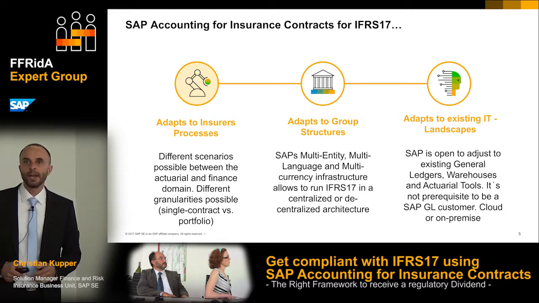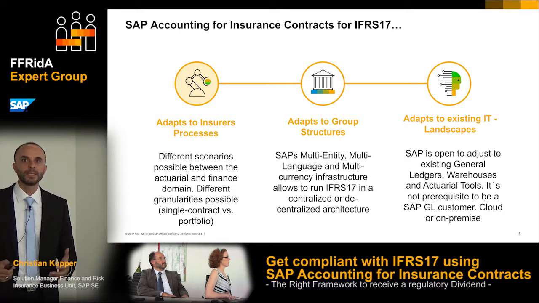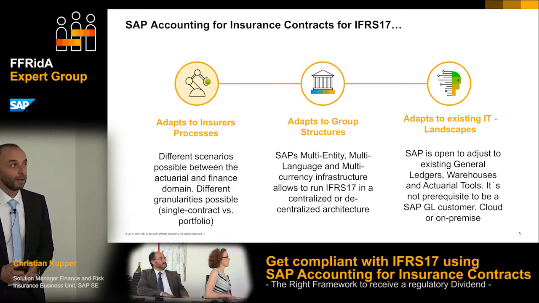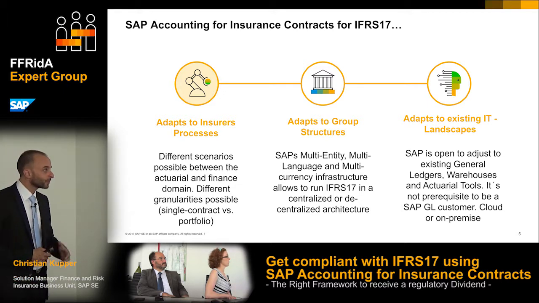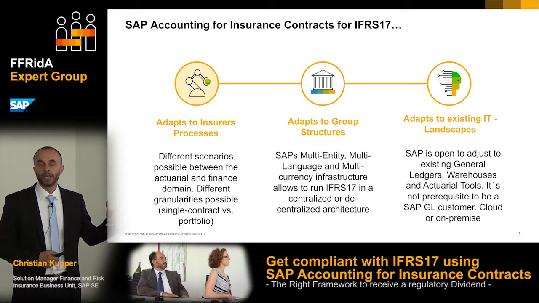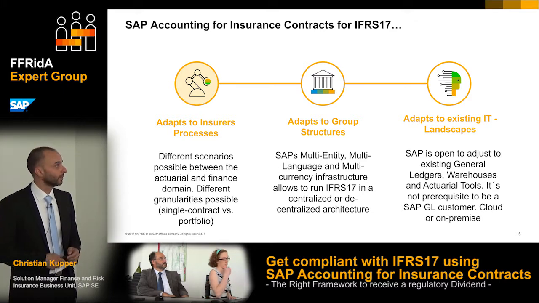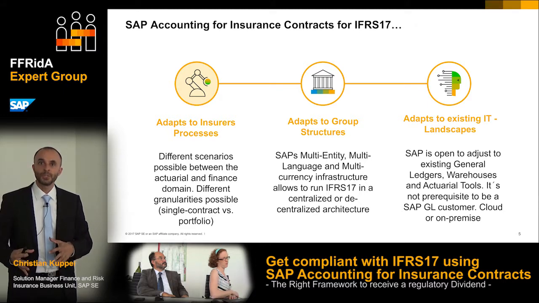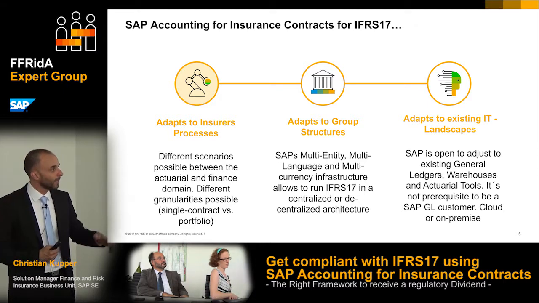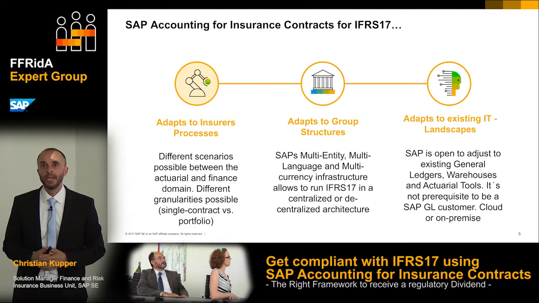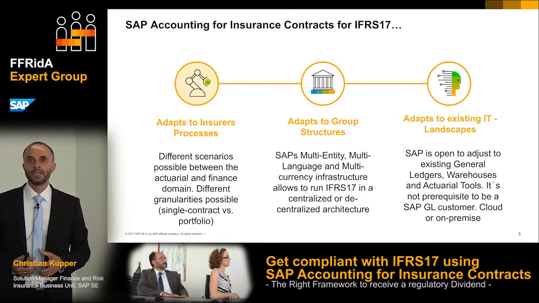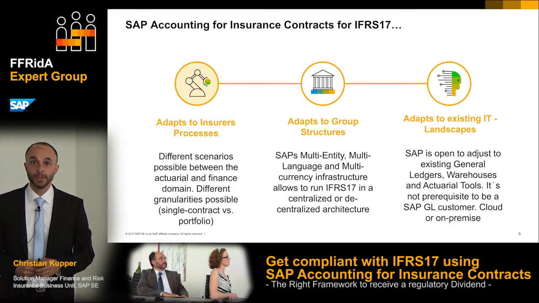So the Insurance Analyzer is a multi-entity, multi-GAAP, multi-currency framework. So here, IFRS 17 can be driven in different countries, different currencies, different languages. That's SAP's DNA. And we can support a centralized or a decentralized infrastructure.